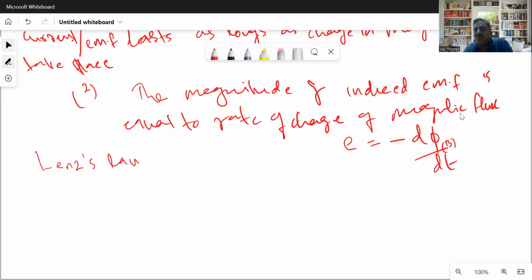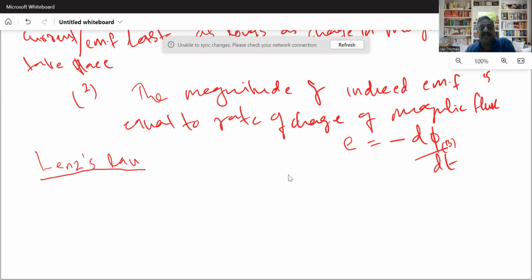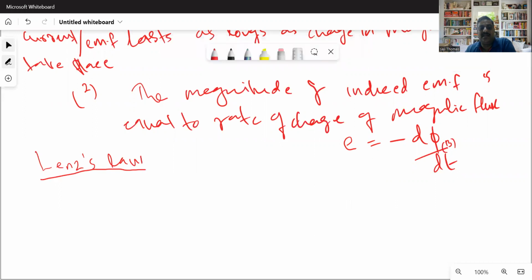See, in the Faraday's law of electromagnetic induction, there was a negative sign. I told you negative sign shows that there is an opposing nature for the induced EMF. The explanation of negative sign is given by Lenz's law. Lenz's law states that the direction of induced EMF is such that it opposes the cause which produced it.